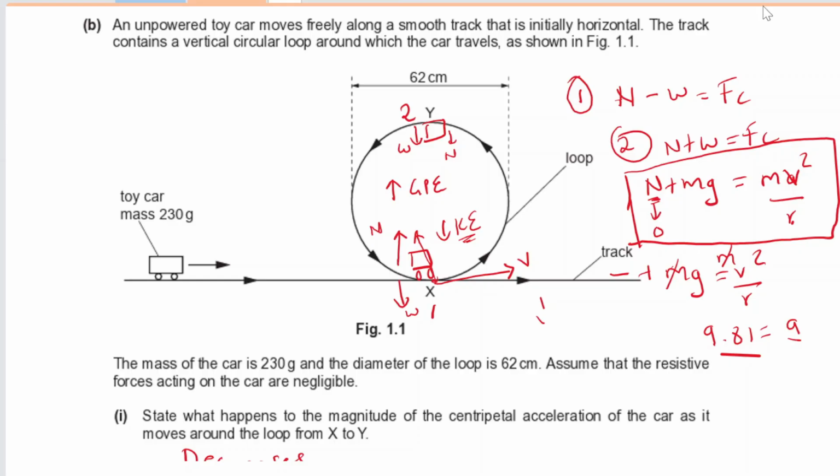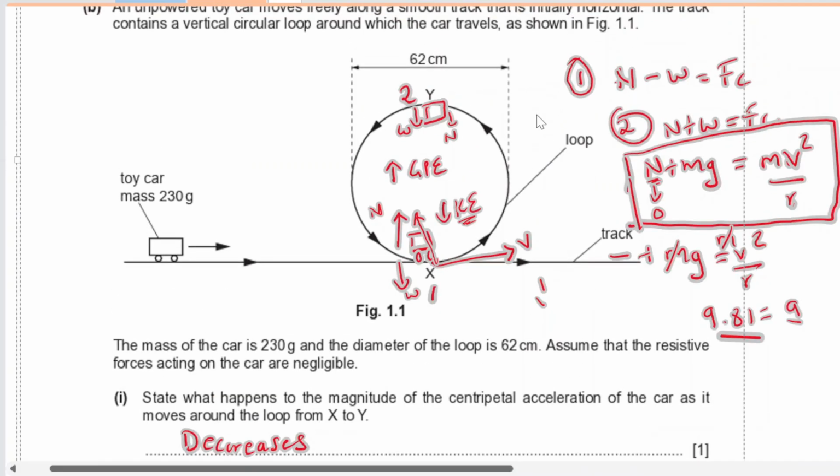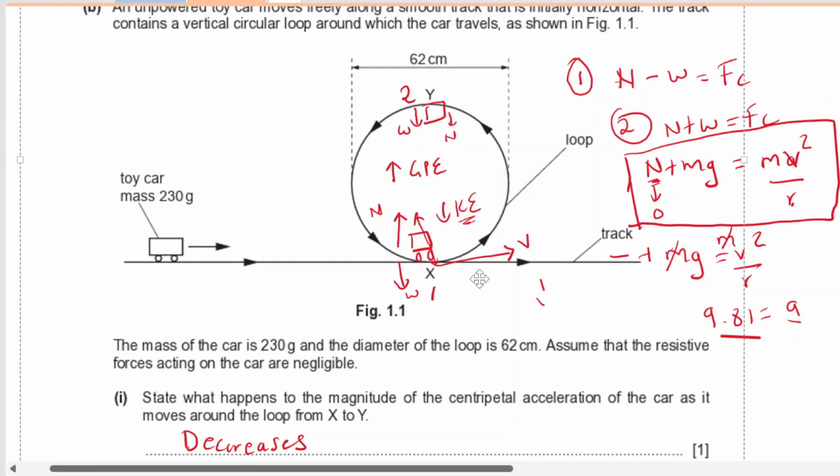I hope that made sense. It might be a lot of content and a bit complicated, but what you have to understand is that we have different equations for position 1 and position 2. In position 2, the normal contact force plus the weight is the centripetal force, and if you want to make this thing go in a circle, it has to be in track with this loop over here, or else it won't go in a circle.